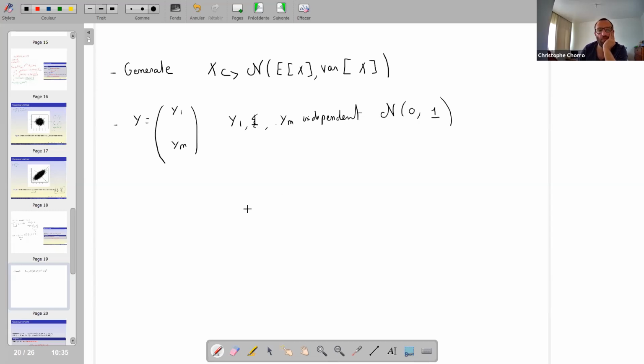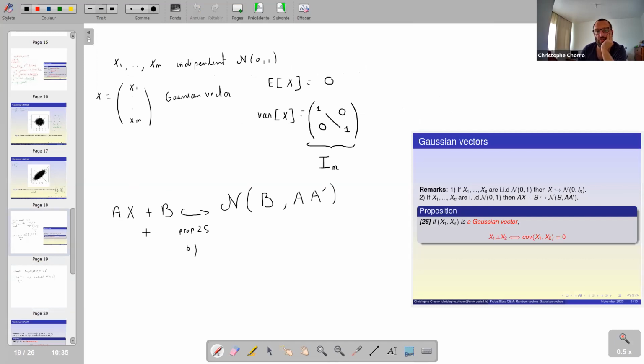So what I know from my previous result is that if I transform my y linearly, I obtain this vector here.